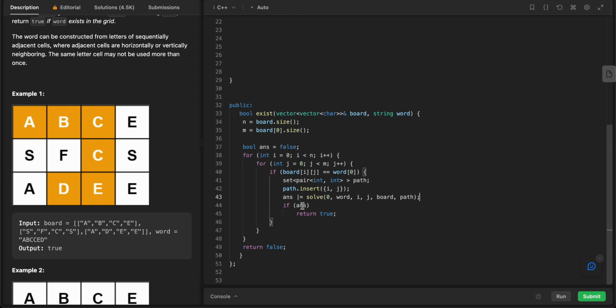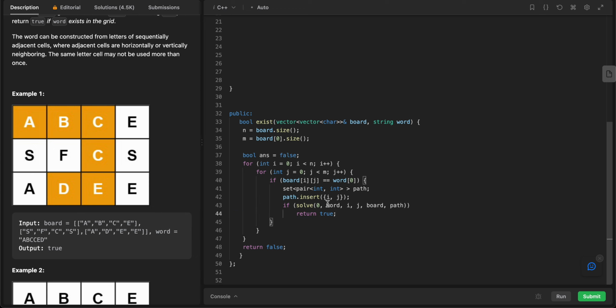If that is possible, I think we can directly write, so if that is the case, we can return true. Otherwise it will keep on searching. So from here, if it is possible to find the word 0, word, IJ, board, path, then return true, otherwise finally it will return false anyways.